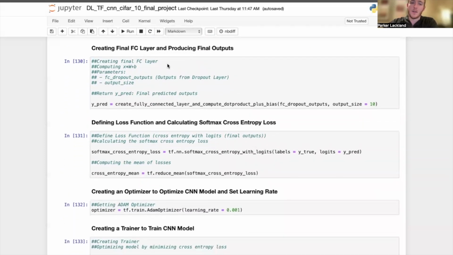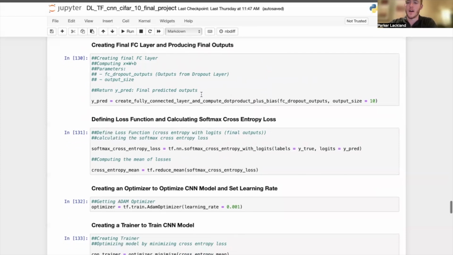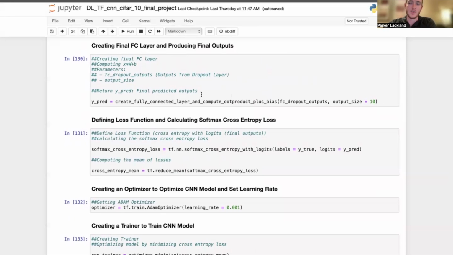Then the final fully connected layer is completed and it produces the final outputs. You can see here that the output size is 10, which is the number of classes that we have in the data set. These would produce the final classifications of each of the images in a binary format, as we one-hot encoded the variables earlier.